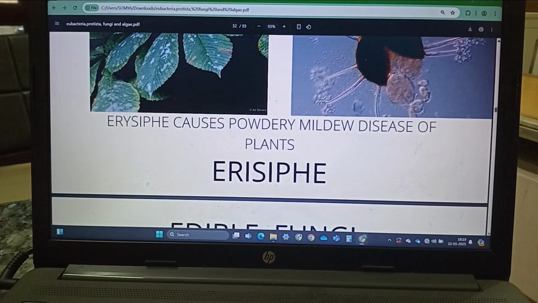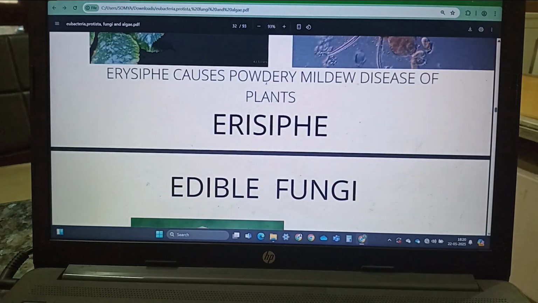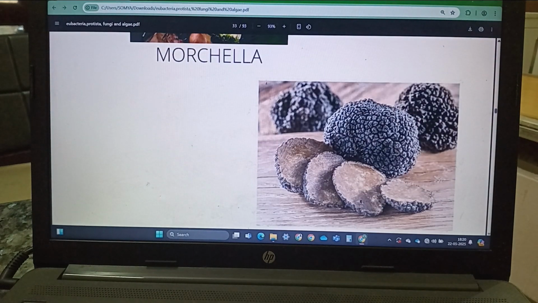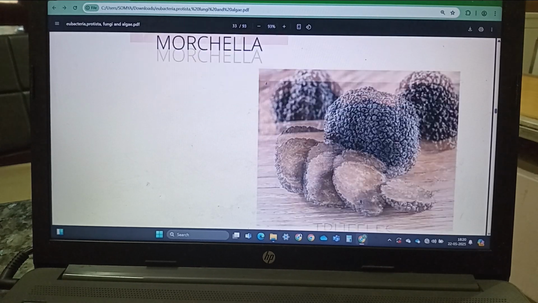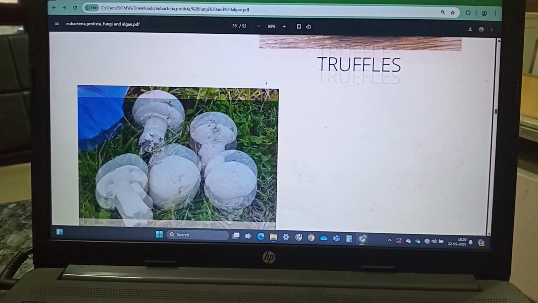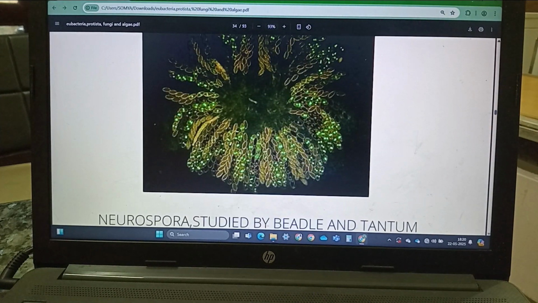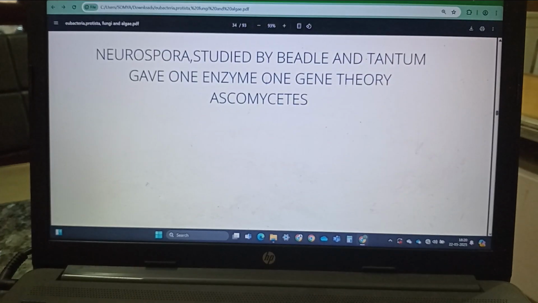Another is Neurospora. Examples also include morels and truffles. Neurospora has been used extensively in biochemical and genetics work by Beadle and Tatum. They gave the one gene, one enzyme theory.